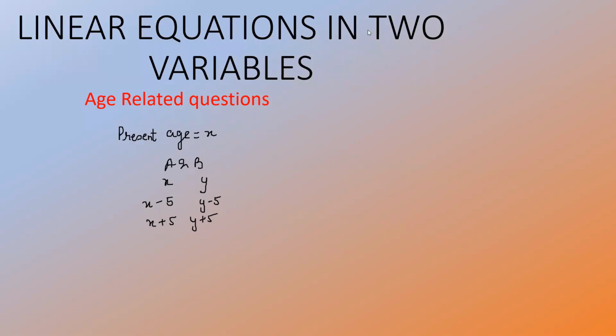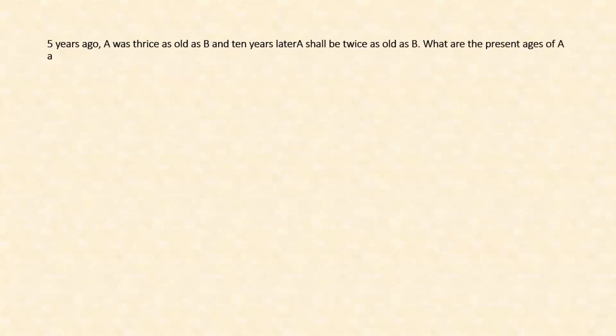So now let's understand a couple of questions. Five years ago, A was thrice as old as B, and 10 years later, A shall be twice as old as B. What are their present ages?